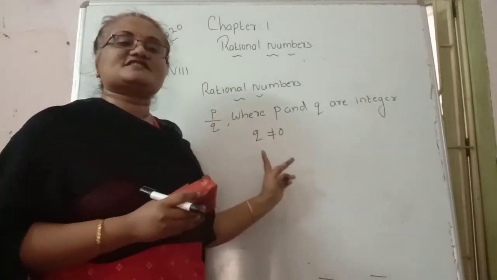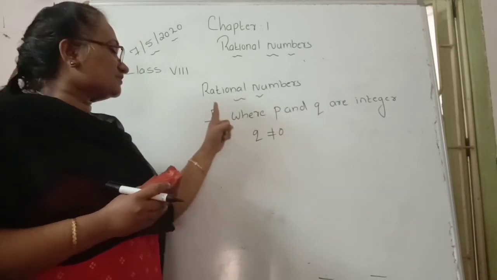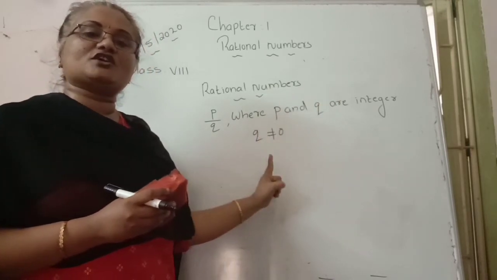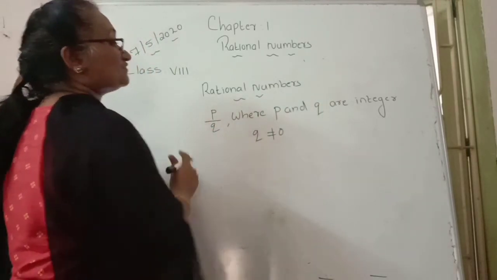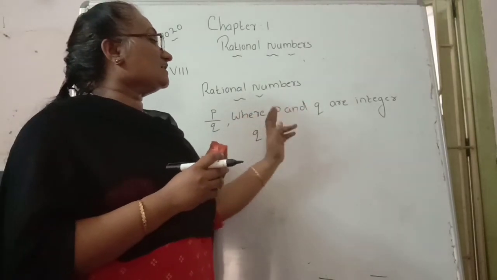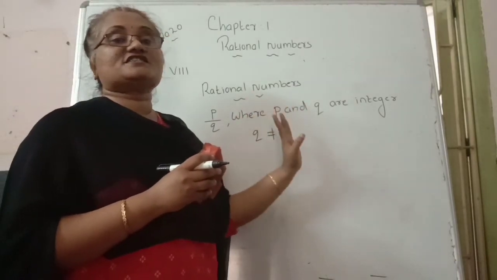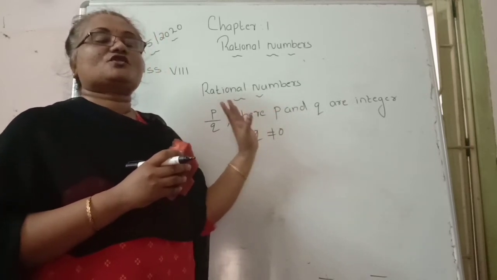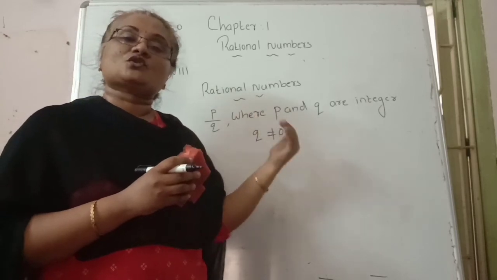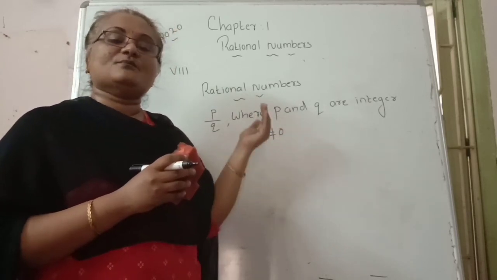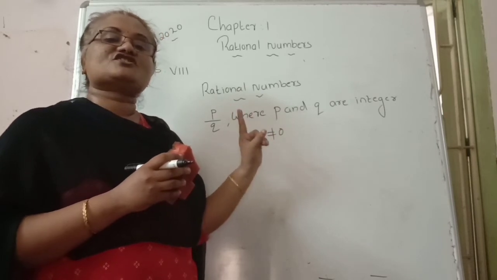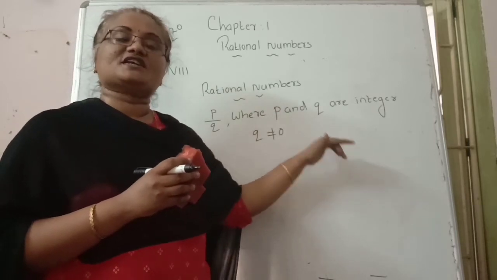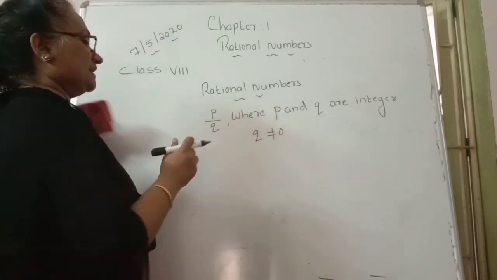Here P and Q have no common factor except 1. Such numbers we call co-prime numbers. Co-prime numbers means numbers having only one common factor, that is 1. Here P and Q are co-prime numbers.